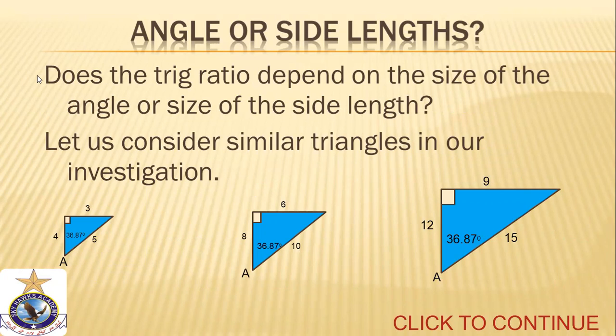So what's your answer, what are you thinking about? I think it's the side length because the triangle things stay the same. Like the angles stay the same. Similar triangles. What do you mean by similar triangles?